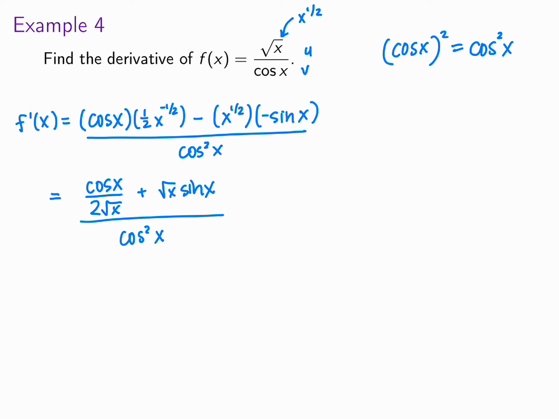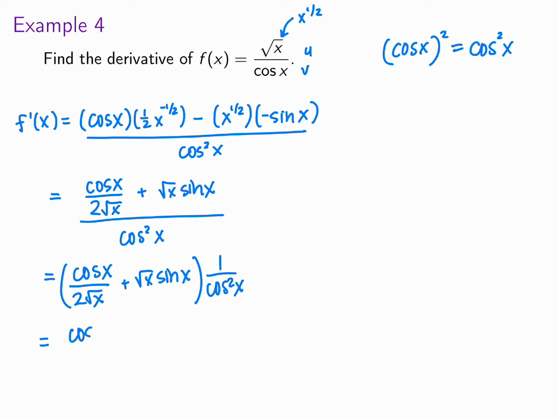That's not terrible. You could leave it there for what we're doing now. If we did want to clean this up some later, it might help to think of dividing by the cosine squared x as multiplying times 1 over cosine squared x.